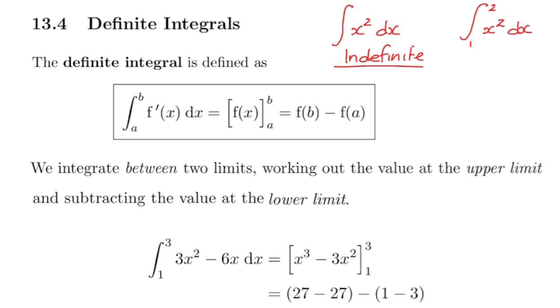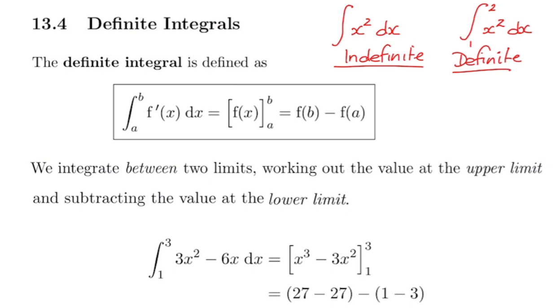And in the next video, we'll discuss what these limits actually are. So this is a definite integral. And there is something very special about definite integrals, and it's to do with the constant of integration. You don't actually need it, but we'll discuss again why that is.